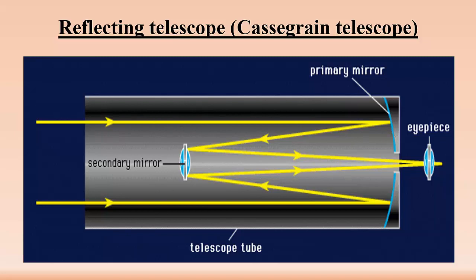The reflecting telescope was initially designed by the scientist Newton, so we can call it a Newtonian telescope. Then this model was modified by another scientist, Cassegrain, so we also call it a Cassegrainian telescope. Remember, a reflecting telescope is also called a Newtonian telescope or Cassegrainian telescope.